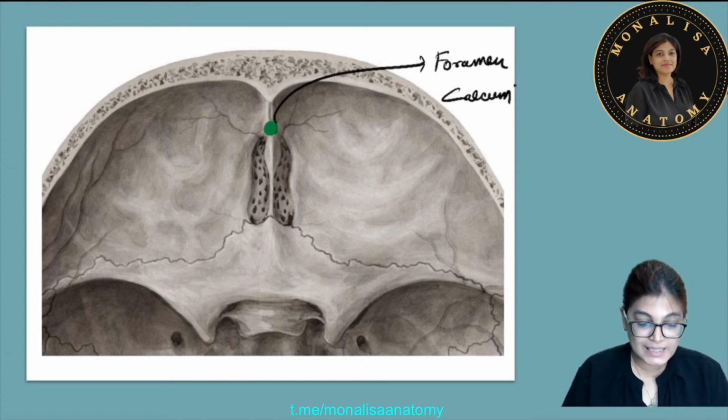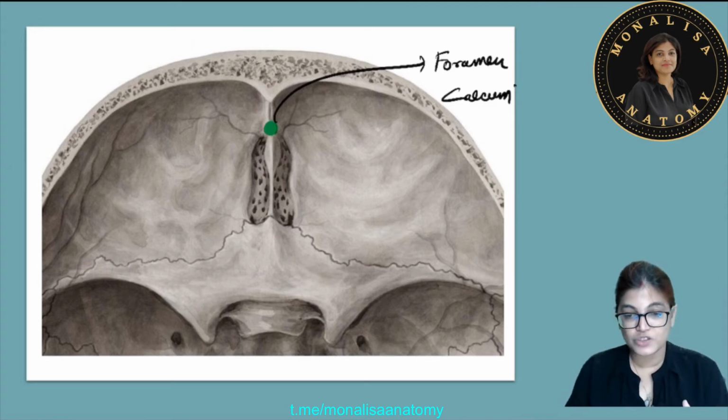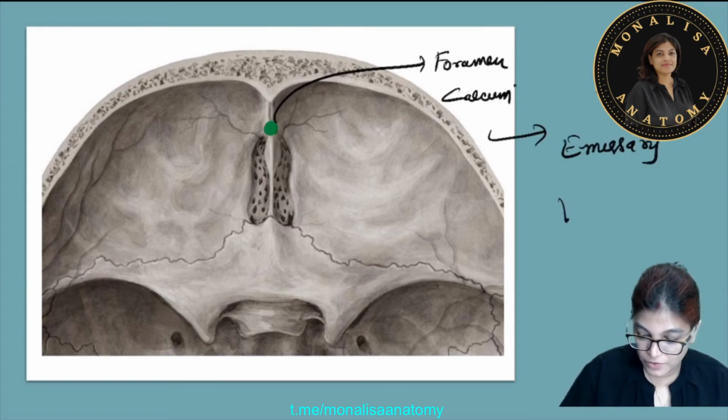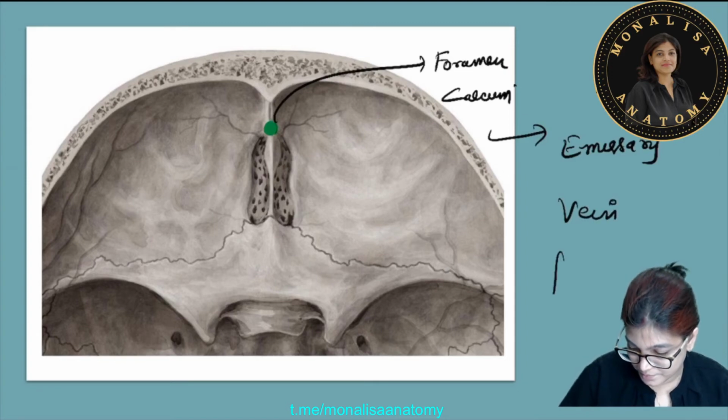This emissary vein forms a connection between the nasal mucosa and the superior sagittal sinus. So yes, an emissary vein is passing through it, no doubt. So this can't be the answer.